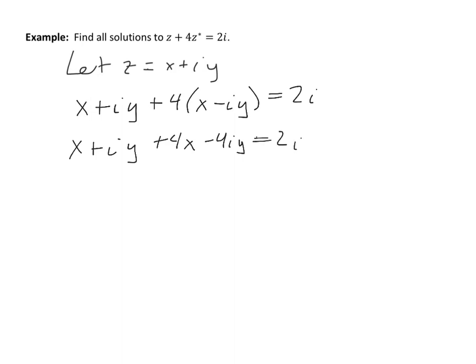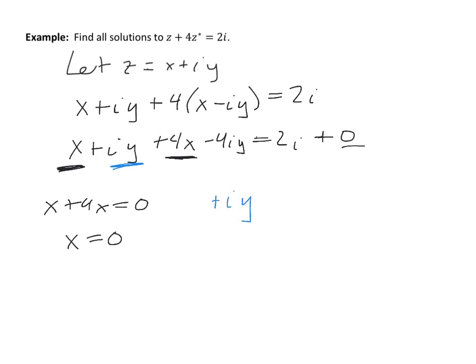So now let's look at real parts. Real parts here would be x plus 4x, and there isn't a real part over here, so equals 0. So x plus 4x equals 0. I mean, that's awesome. That means x has to be 0. And then for the imaginary part, I've got iy, positive iy, minus 4iy equals 2i.